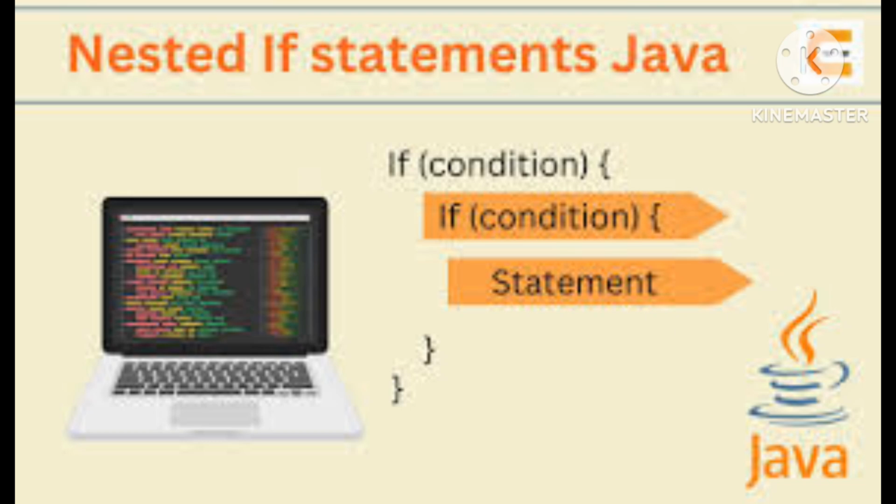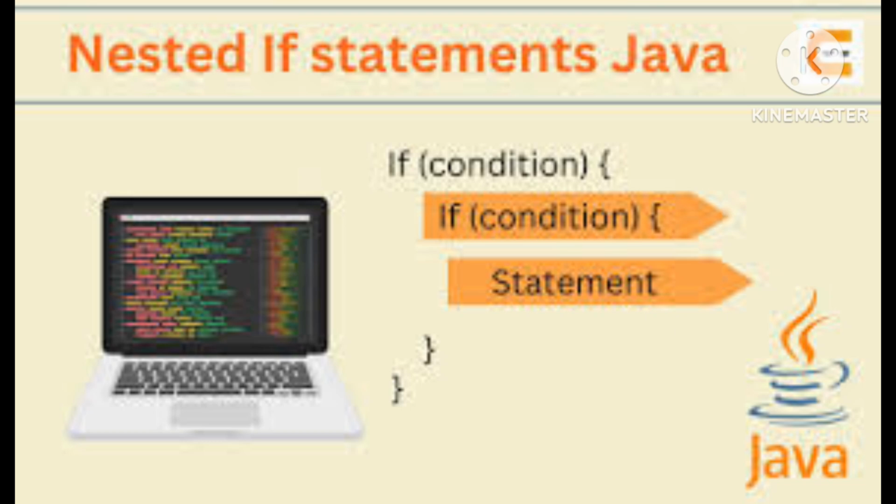If this condition is satisfied, then only it checks the next if condition. If it is not satisfied, then it comes out of the if body. Now you understand when the nested if condition will be checked: the first if condition must be satisfied, then only the second if condition is checked. Look at the example, nested if statement.